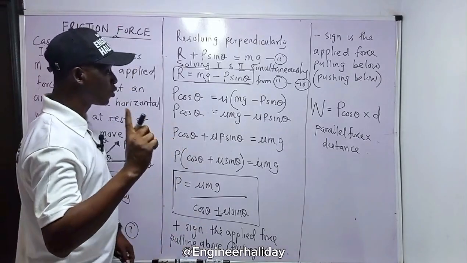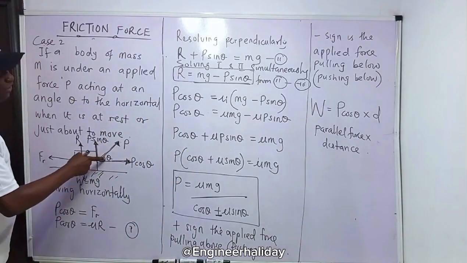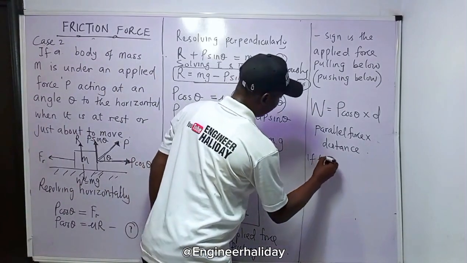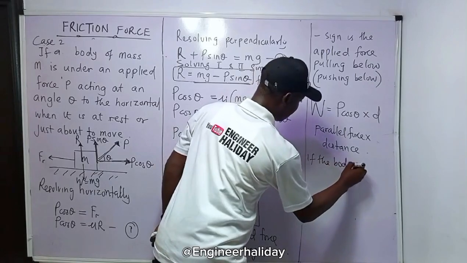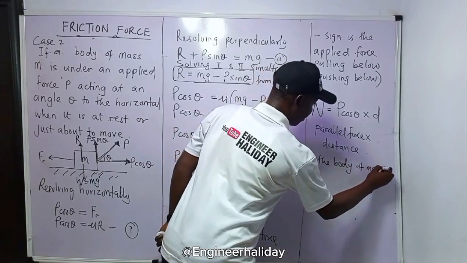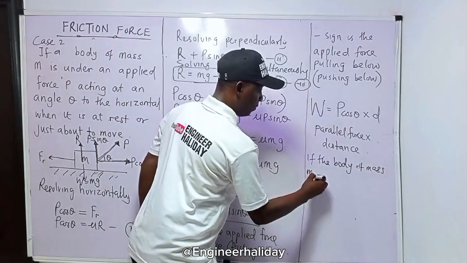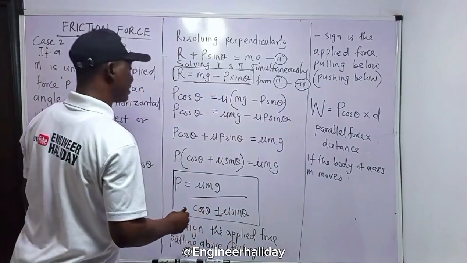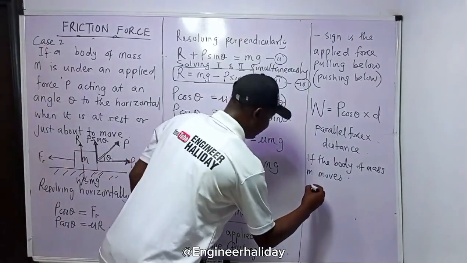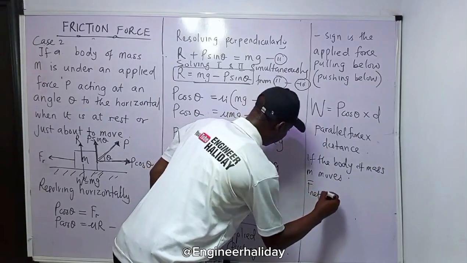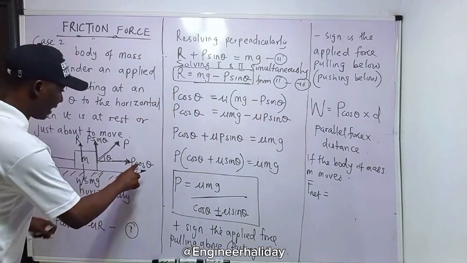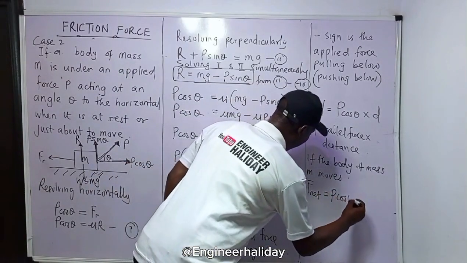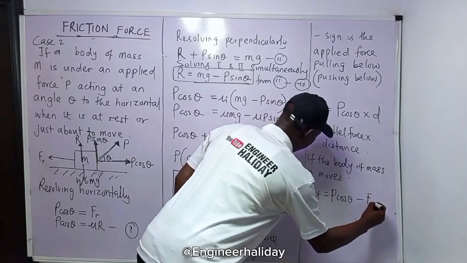Then in the case where the body of mass m moves, that means the net force, please take note of that, will now be P cos theta minus Fr.